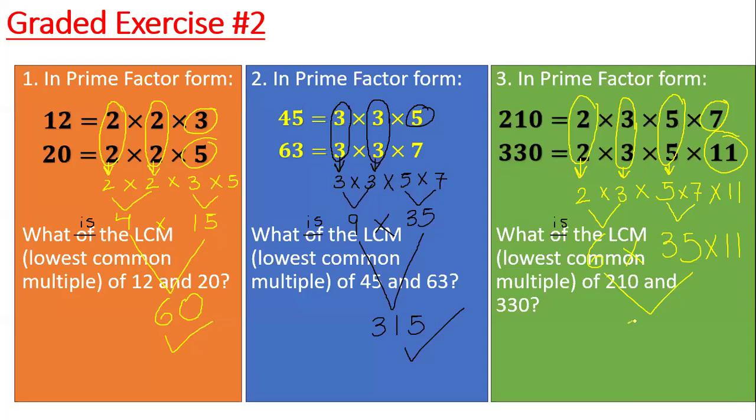So 6 times 35 is 210, times 11 is equal to 2,310. So 210 multiplied by 11 is 2,310.